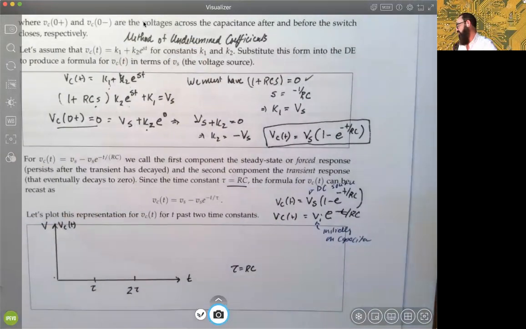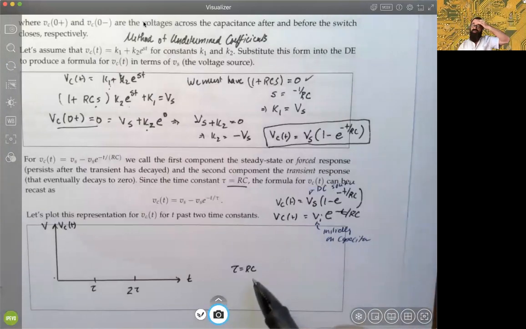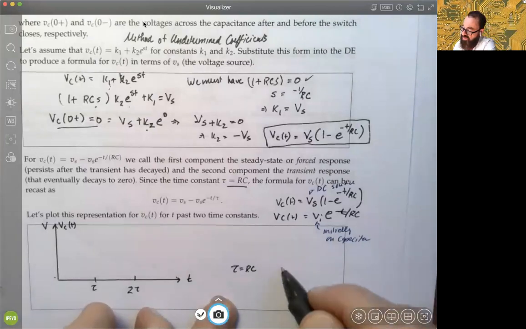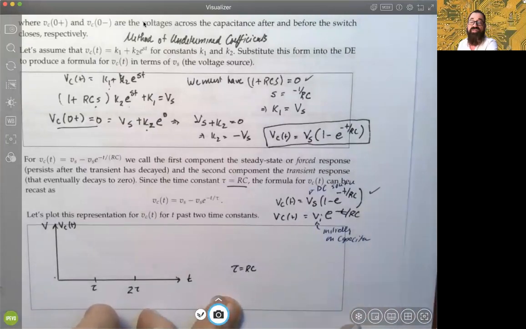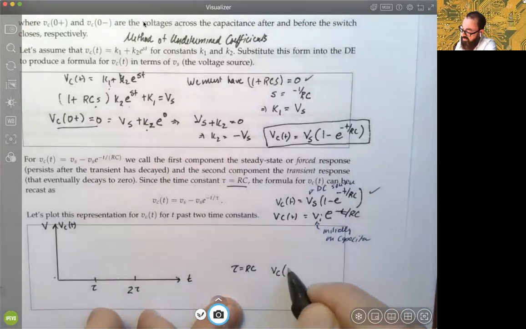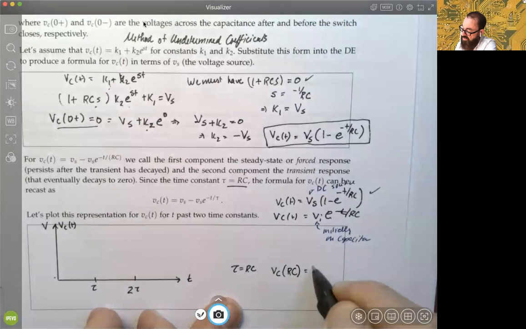We've got to be careful here, because let's look and see what this function is going to look like with time constants. So we're interested in this representation of voltage now. When you plug in one time constant, like RC, you're going to get Vs times 1 minus e to the what? Minus 1 power.